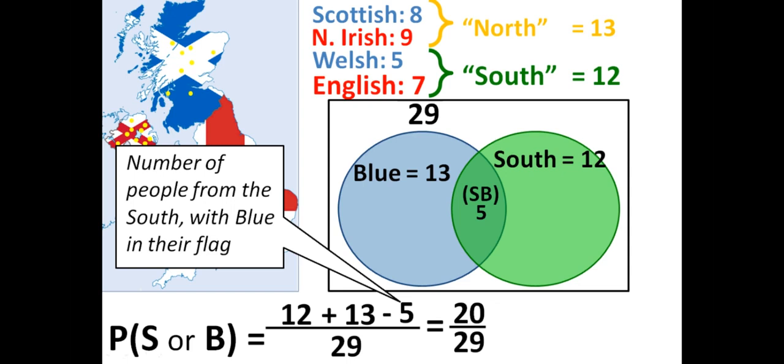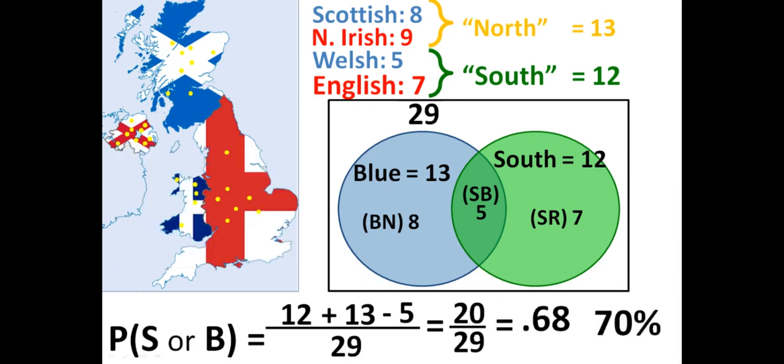This means we are excluding 7 people who are from the south but do not have blue in their national flags, and 8 people with blue in their flags but who are from the north. In this case, there is a 70% probability of picking somebody who meets our specifications.